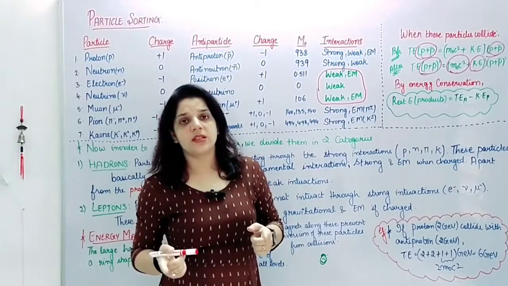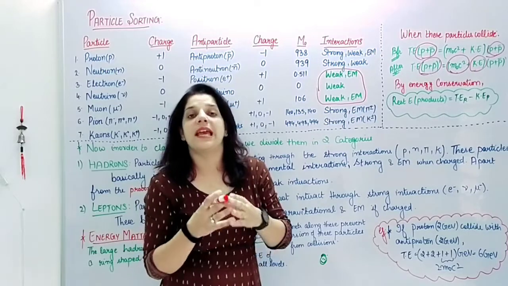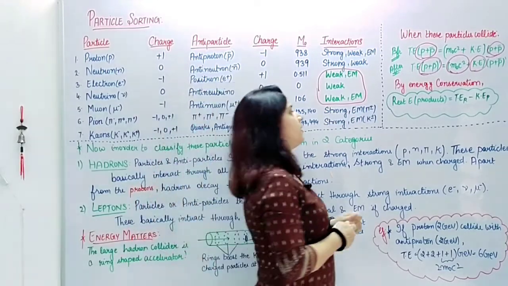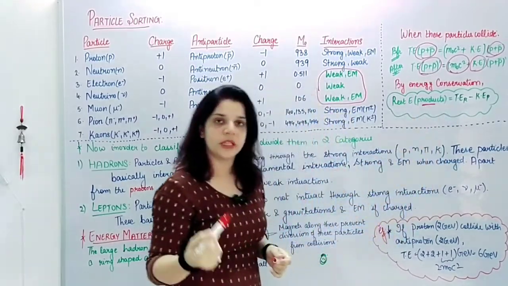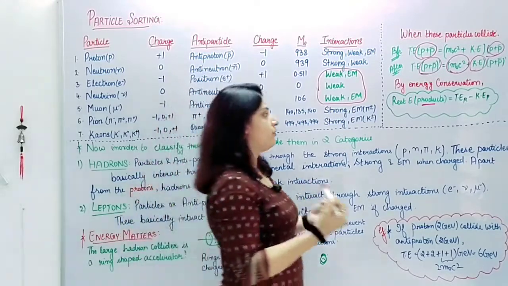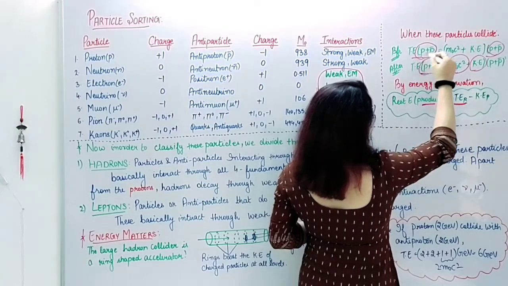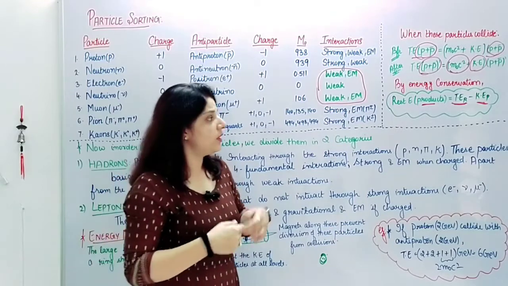Now by energy conservation these should equate. So by using the energy conservation law we come to a result that the rest mass energies of the products formed will be the total energy of the reactants minus the kinetic energy of the products.